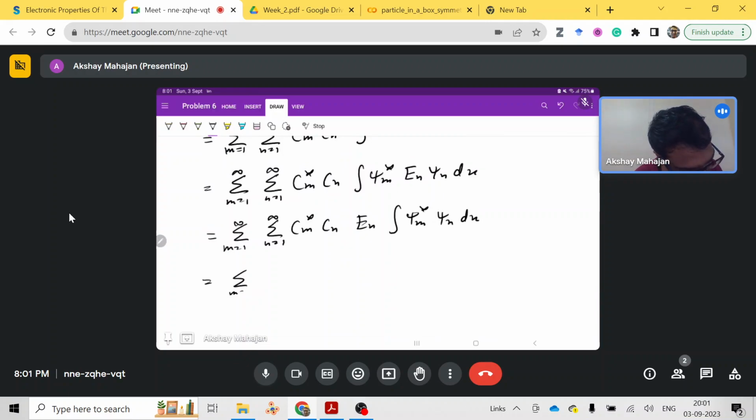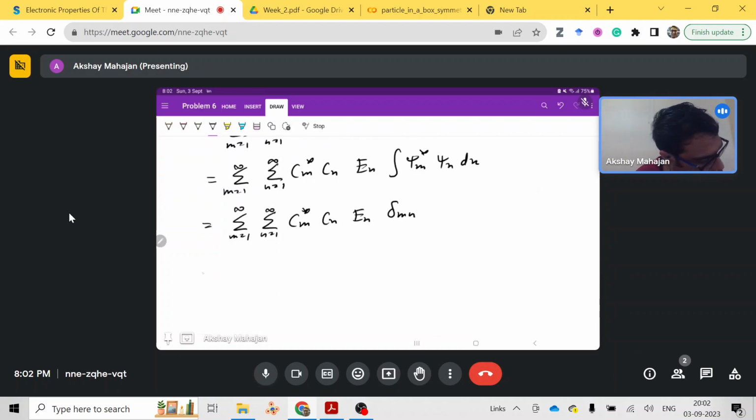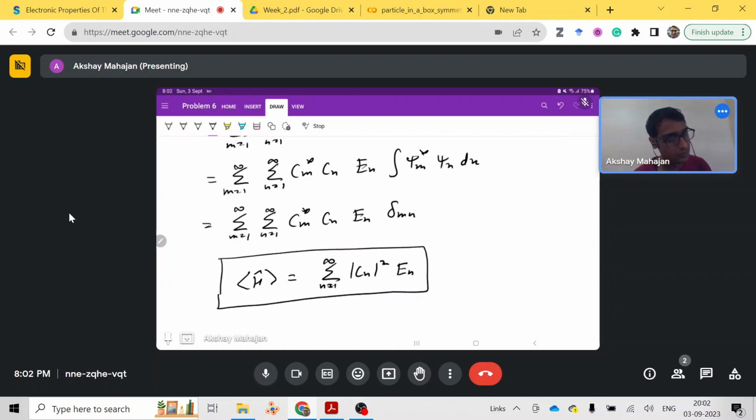So we have summation over m and n of cm star cn En delta mn. So from here we can see that our average h cap will be equal to summation of n equal 1 to infinity, because of the Kronecker delta, mod of cn square times En. And we have proved this second relation.